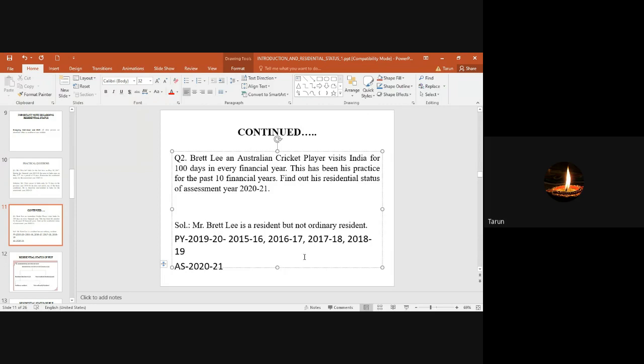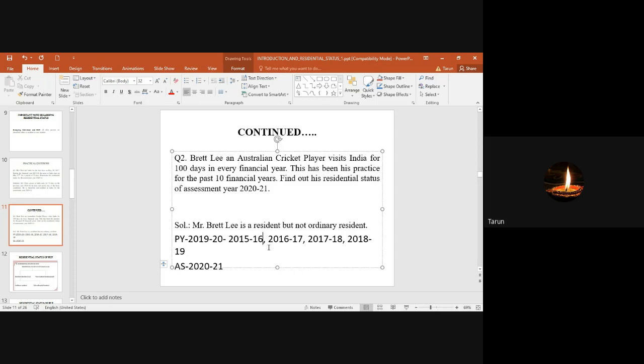If we count the number of days in these years, please read the question very carefully. In the first sentence itself, the answer is already there: Brett Lee, an Australian cricketer, visits India for 100 days in every financial year. So these are the financial years.